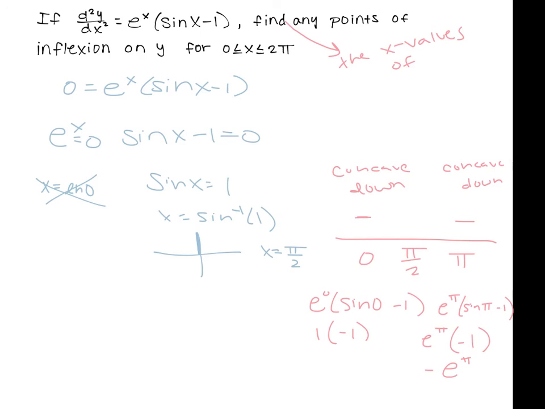It was concave down, and then it was concave down. So what that means is that this was not a point of inflection. That means that there must not be any points of inflection. And so our final answer, when it said find any points of inflection, is that there are no inflection points. And our work there would show that.